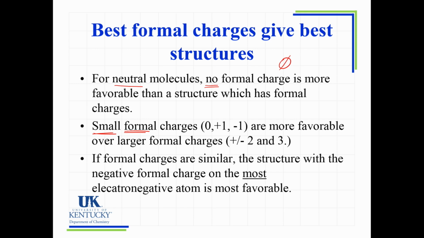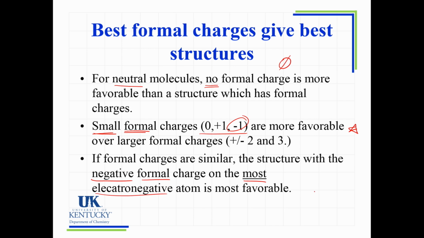Now, if you have two Lewis structures and they've satisfied this, they both have the same numbers for their formal charges, you're going to want to find the Lewis structure that puts the negative formal charge on the most electronegative atom, okay? And so you might be able to draw more than one Lewis structure. They've both got zeros, ones, and minus ones, but you want to put the minus on the most electronegative atom.